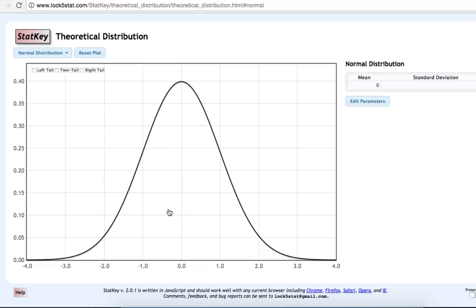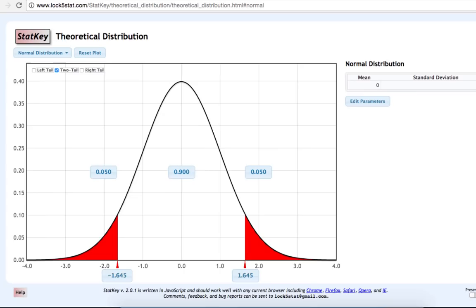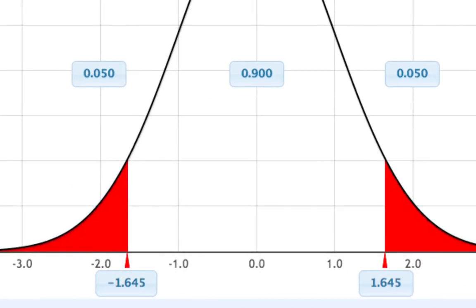And I need to find the z-scores that separate the middle 90% from the outer 10%. So I can change the middle value here to 0.9. The z-scores that separate the middle 90% from the outer 10% are plus and minus 1.645. These are our z multipliers for a 90% confidence interval.